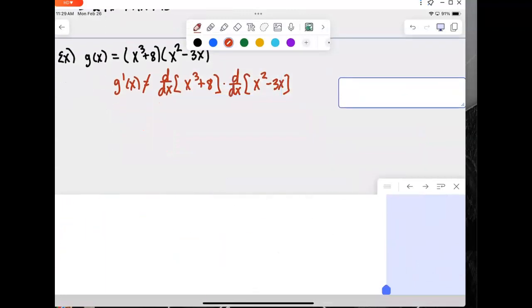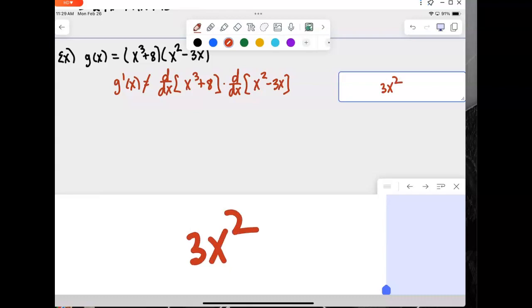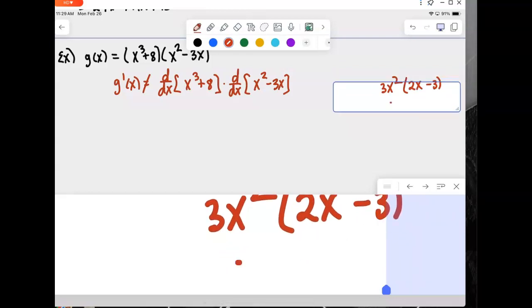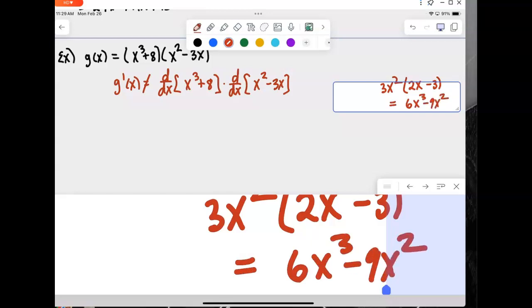Derivative of 8 would be 0. And you'd have 3x squared times derivative of x squared would be 2x minus 3. We'd end up getting 6x cubed minus 9x squared.